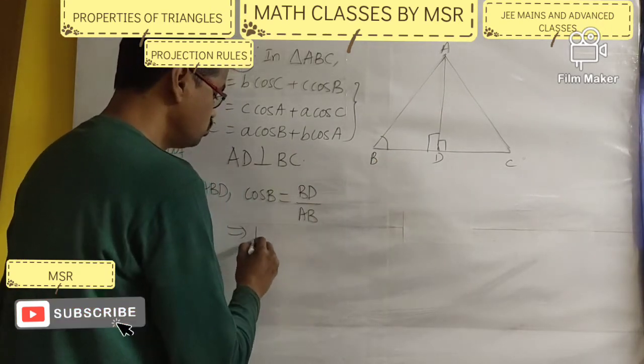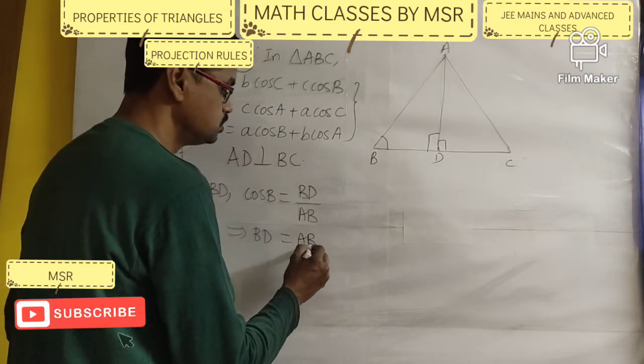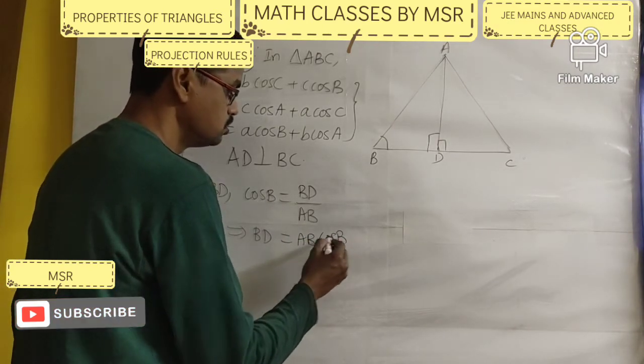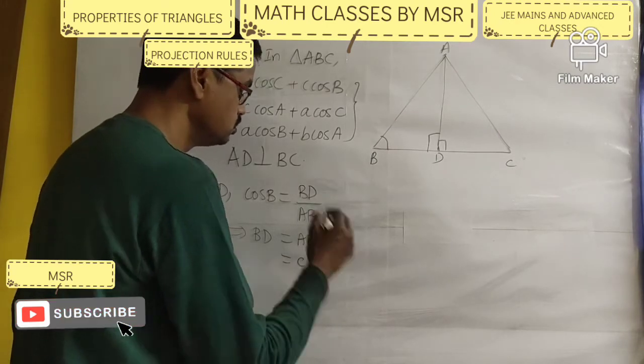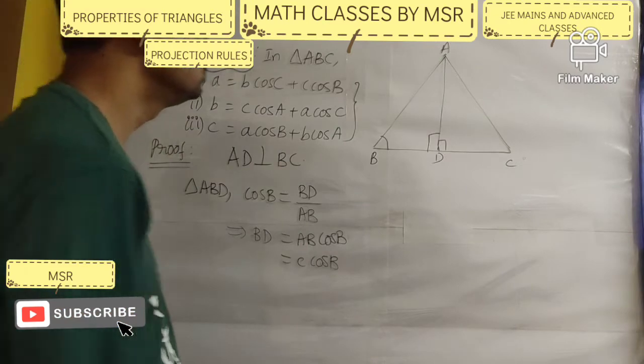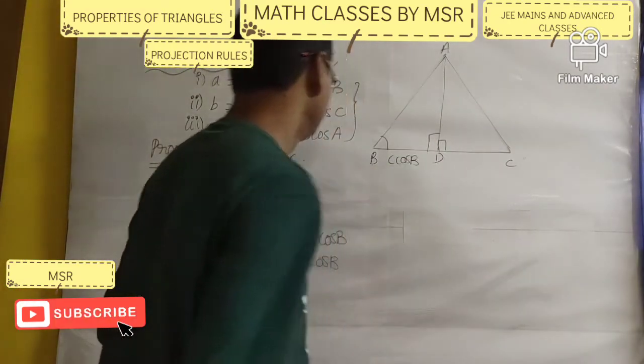That implies BD is equal to AB cos B. AB is nothing but c, so BD is c cos B. So we got the BD length.